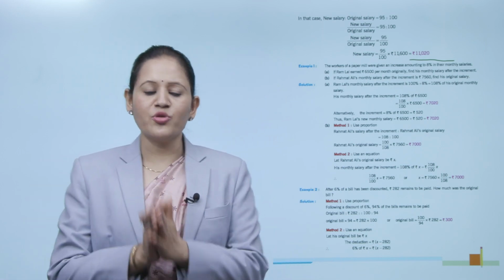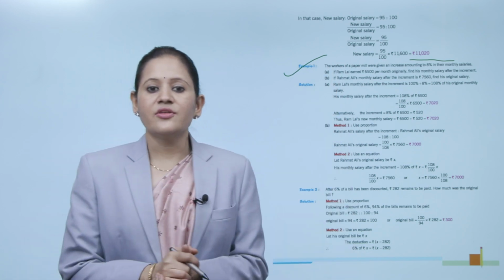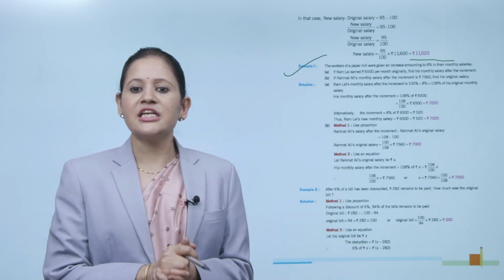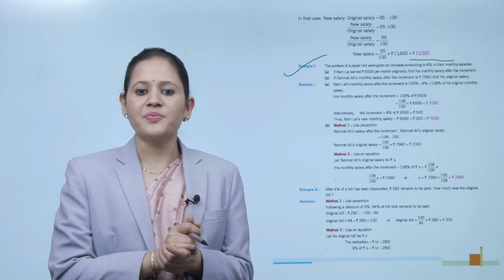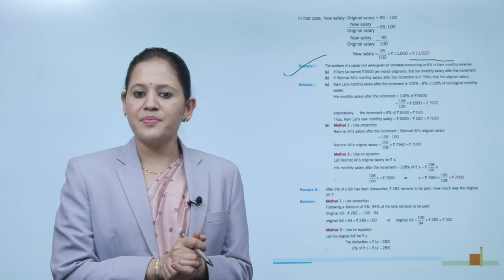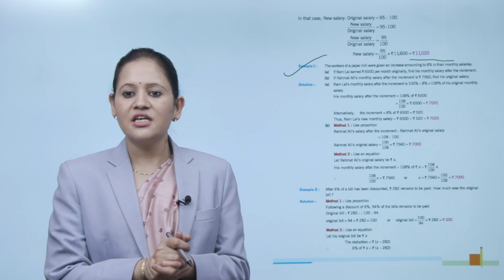Now we'll take one more example. The workers of a paper mill were given an increase of 8% in their monthly salary. If Ramlal earned rupees 6,500 per month originally, find his monthly salary after the increment.